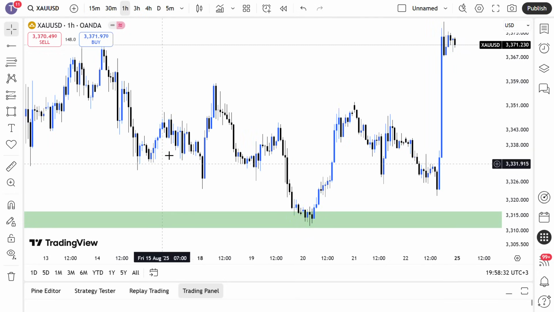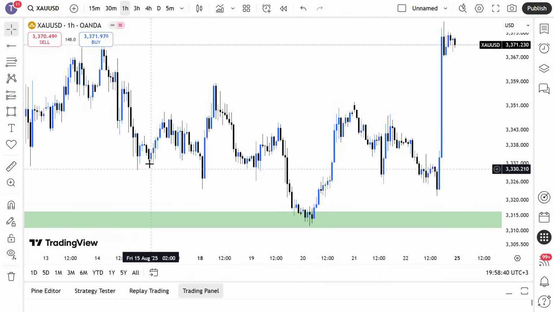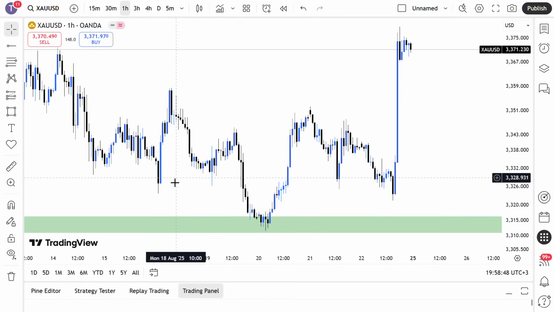But for this pullback here, we don't have a good inducement in this area, so this is not a valid break of structure because there is no liquidity being swept. So price came back to sweep this high's liquidity, and then after that we have the break of structure.